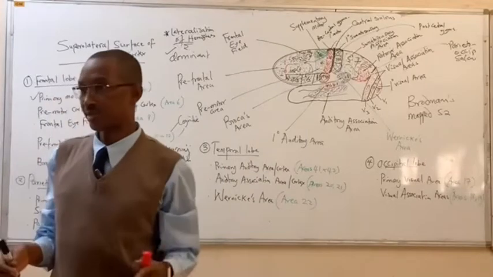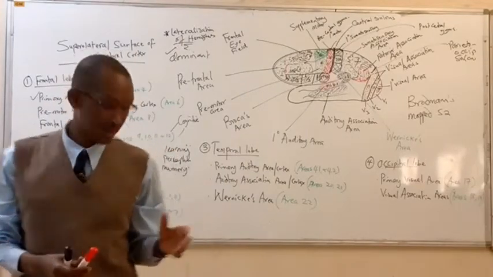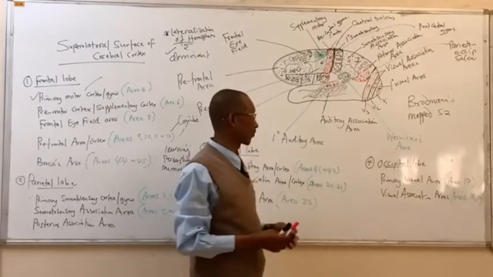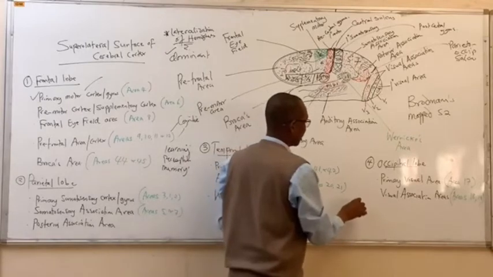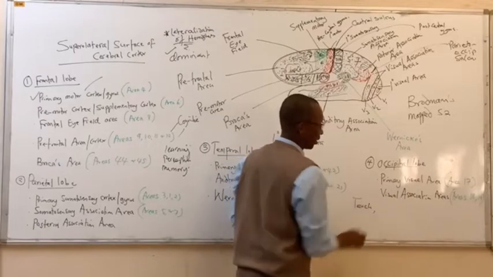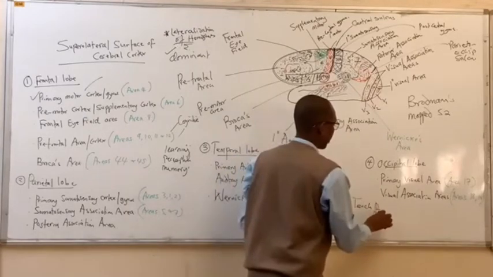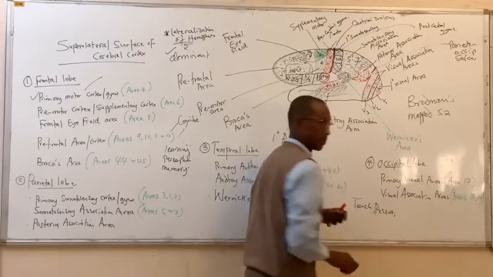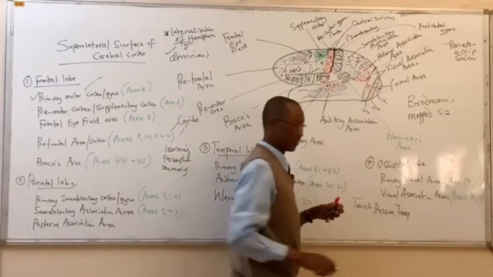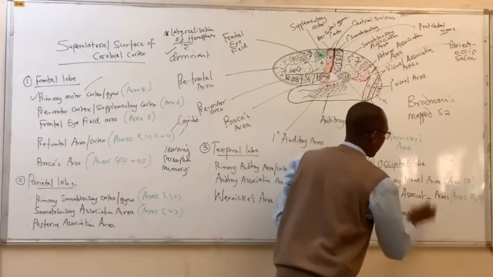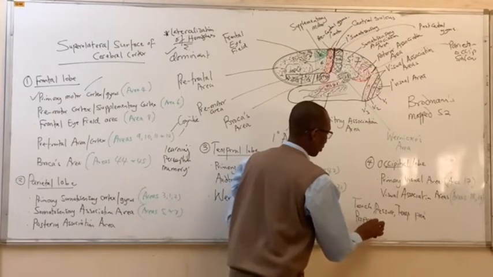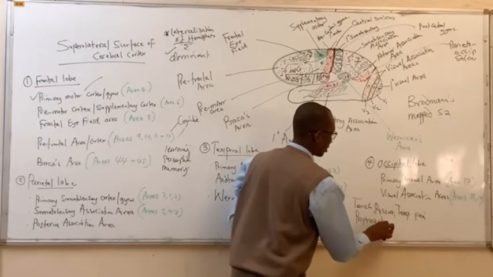So this post-central gyrus is the seat of our sensation. All the sensations, with the exception of smell, this area is responsible for perceiving. If you can remember, we've discussed touch, pressure, temperature, and pain, and also proprioception and vibration.